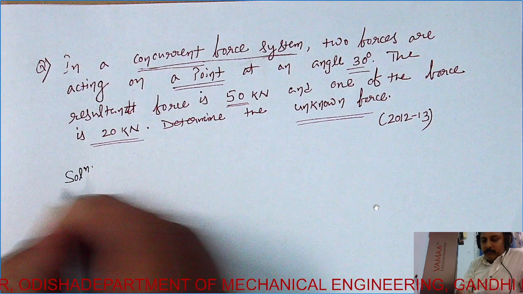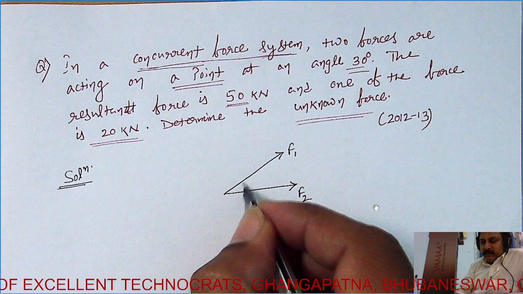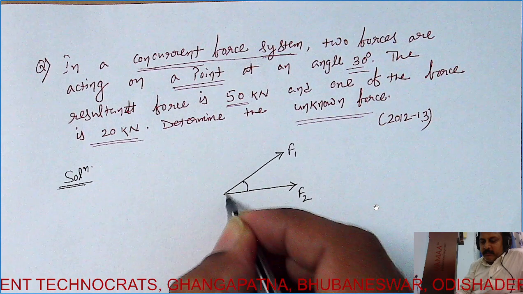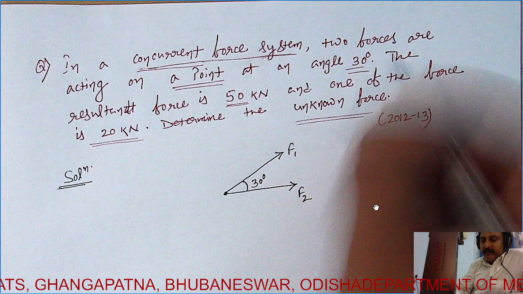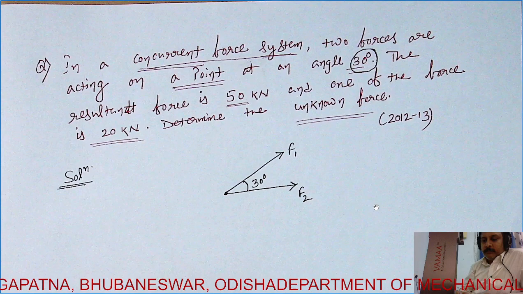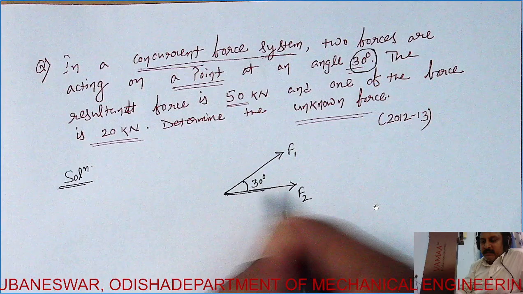If you want to represent this question diagrammatically, for example, these are the two forces, F1 and F2. The angle between these two forces is given as 30 degrees.